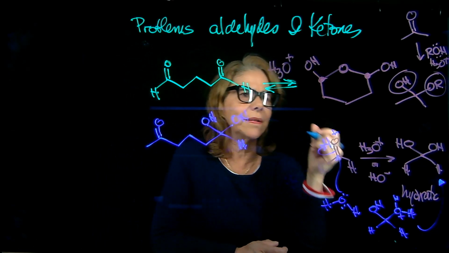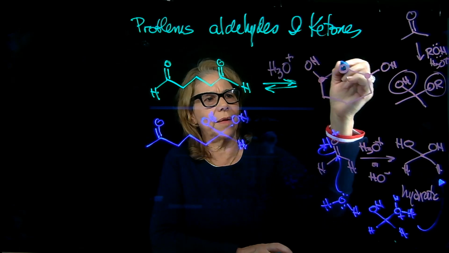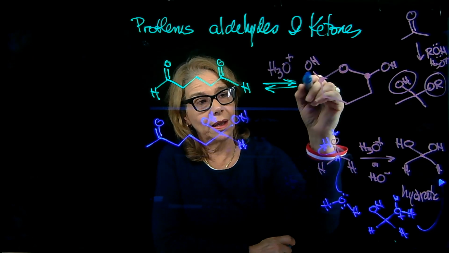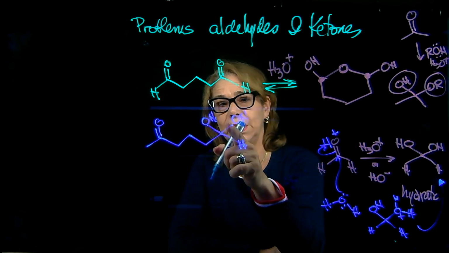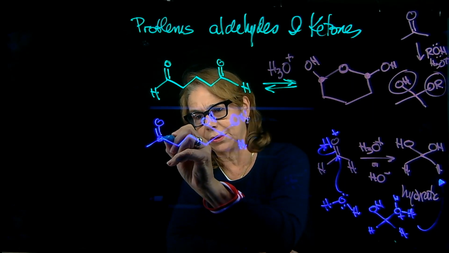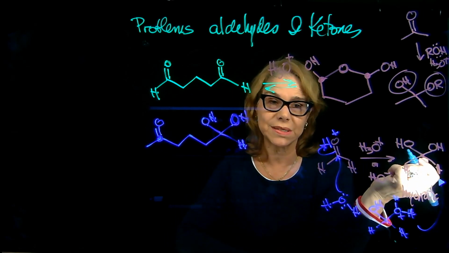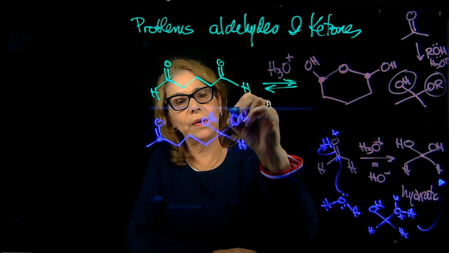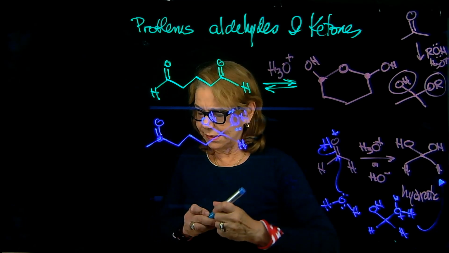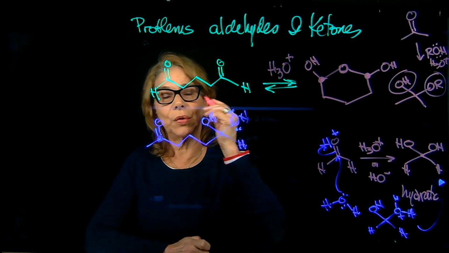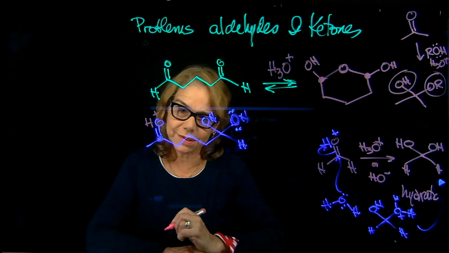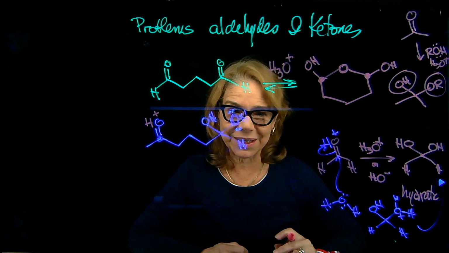Next, the other thing that we want to see is that the hemiacetal is cyclic for both. Meaning that the OH that I'm using to attack on the carbonyl group is coming from the same molecule. So I'm going to be using one of these to do a nucleophilic attack. Another thing I'm going to do is a proton transfer first, since I am under acidic conditions.